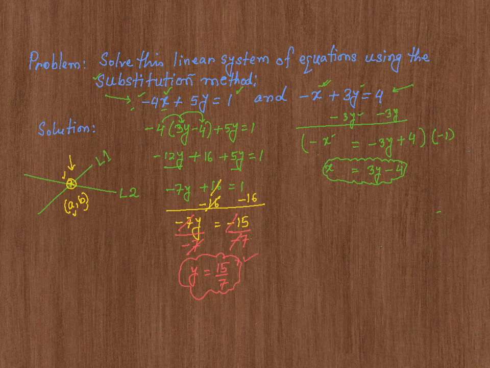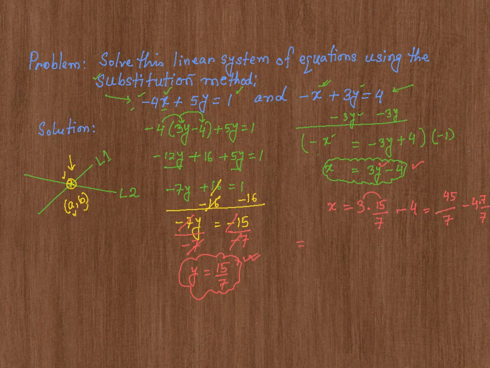Now I can take this y value and plug it into this equation. That's going to give me my x value. So x is equal to 3 times y, but y is this, so it is 3 times 15 over 7 minus 4, which by the way is equal to 3 times 15 is 45 over 7 minus 4. Now I am going to multiply 4 by 7 and divide it by 7 so that I have the same denominator.